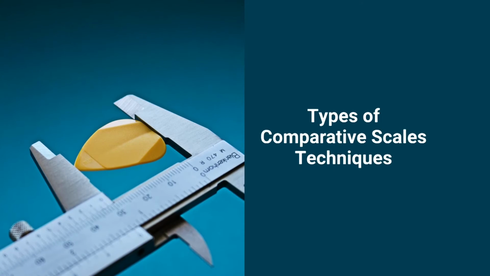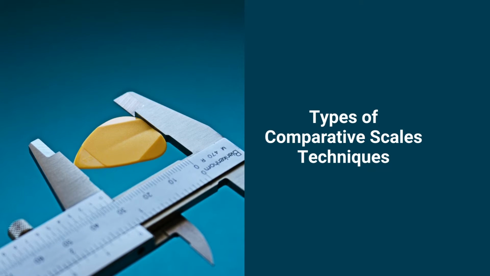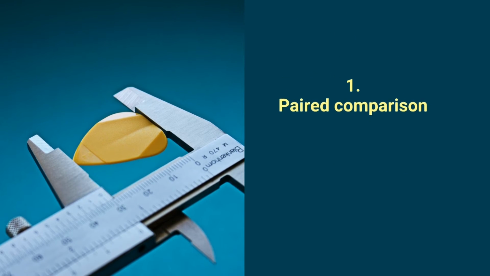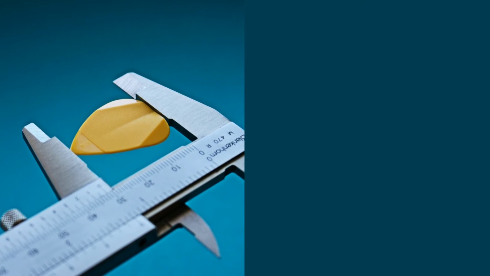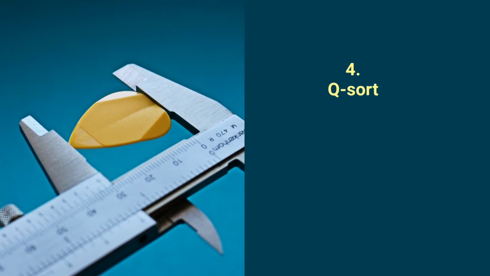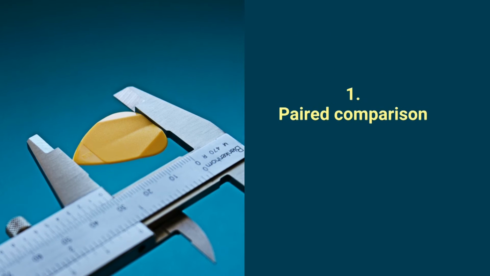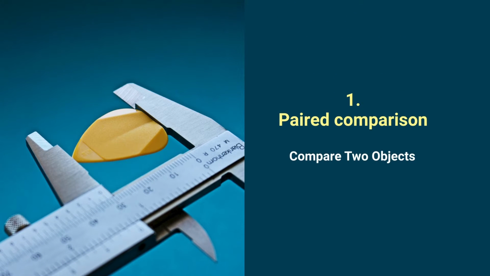And if you go more into depth of these types of comparative scale techniques, they are again bifurcated into four types, which are quite general and generic in nature, and they are used with the change of time. So paired comparison is there, then rank order, then constant sum, then Q sort. Paired comparison is nothing but comparison between two objects.